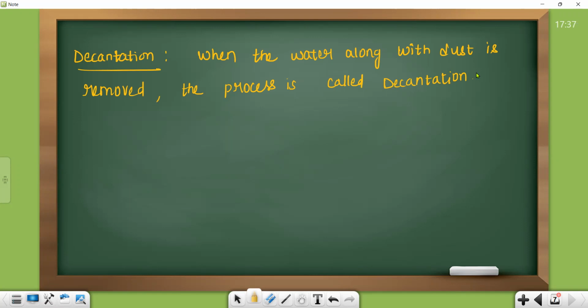Yeah, ma'am. But if you want to separate any other small particles which are smaller than sand, you can't separate them with the help of that strainer. You need a filter paper. That's what we will call filtration.